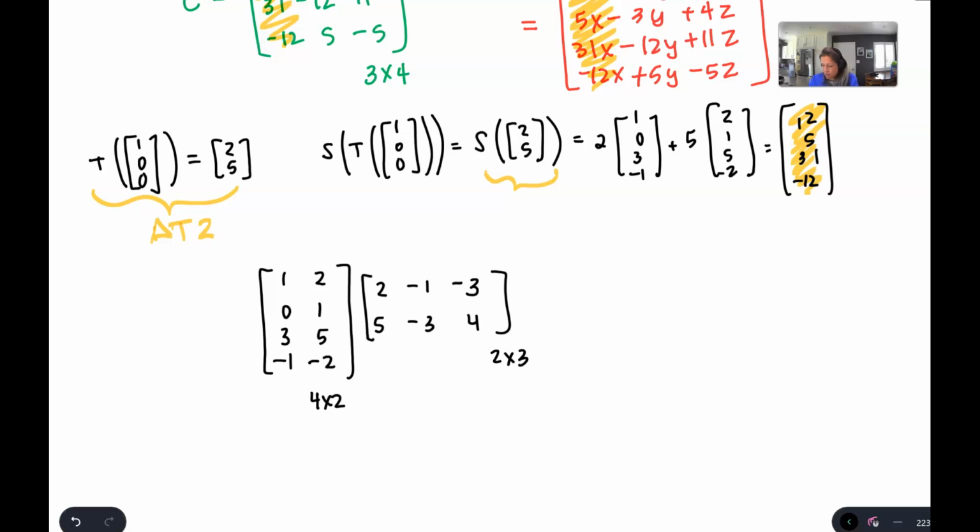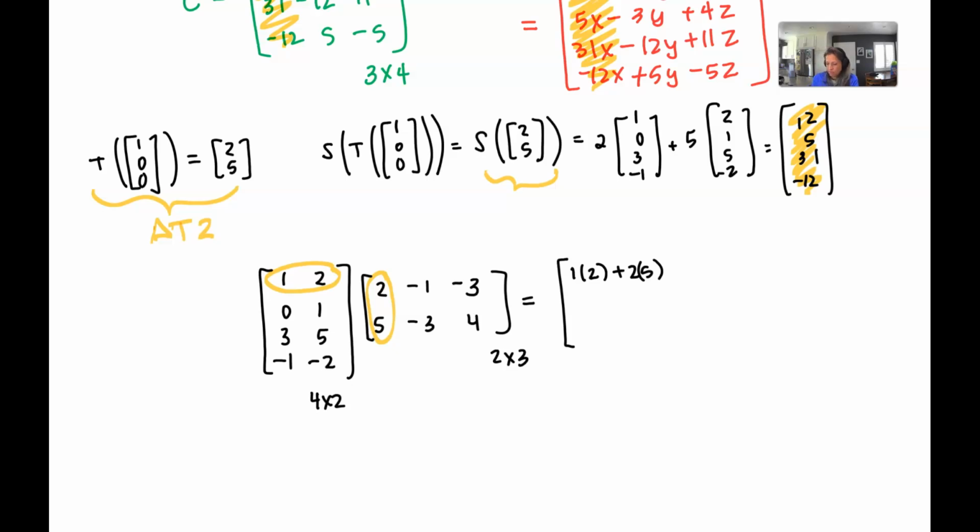We talked about in class how this matrix multiplication works. We're going to multiply the row of our first matrix by the column of our second, element by element, adding those products together. So what that looks like for that first element is 2 times 1 plus 2 times 5.